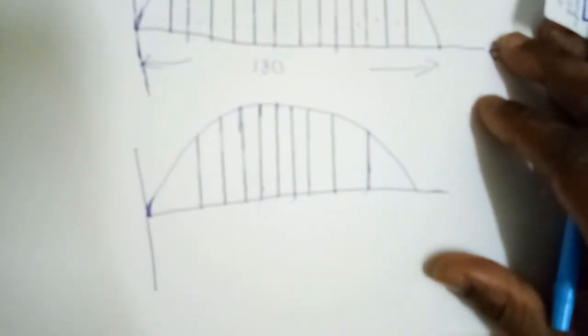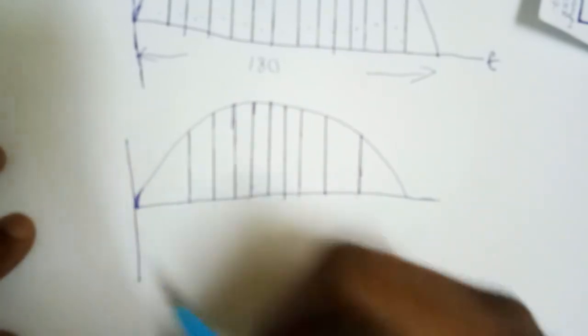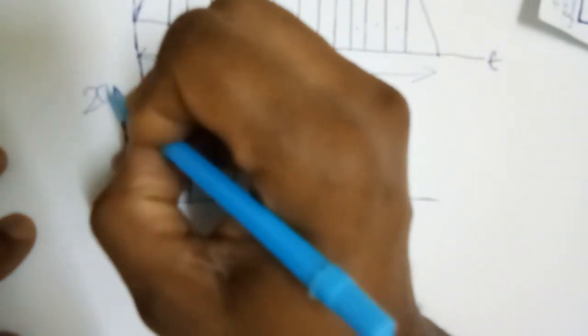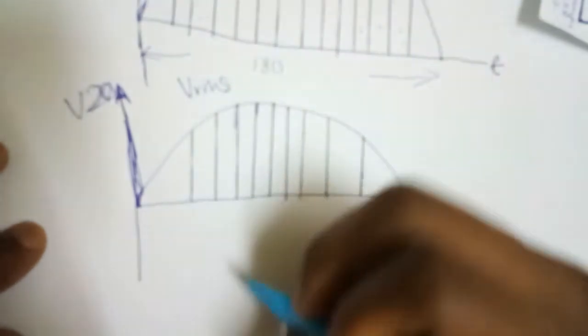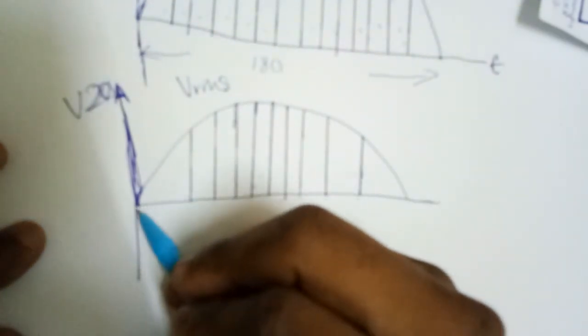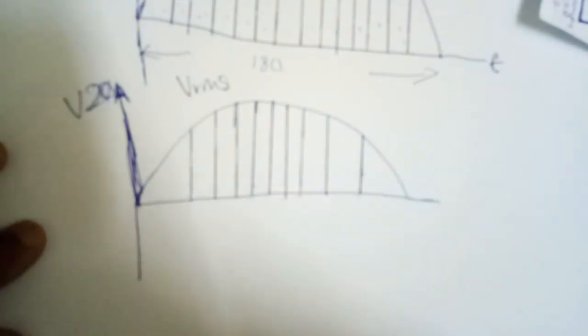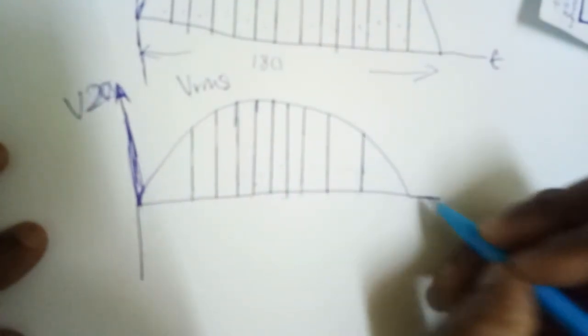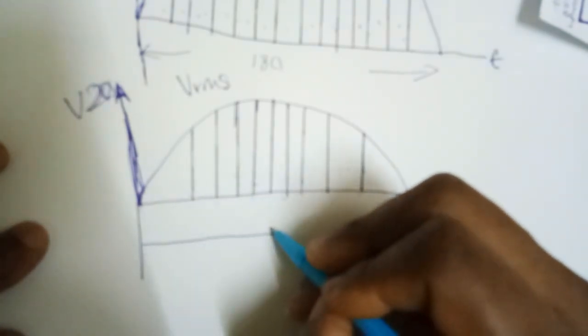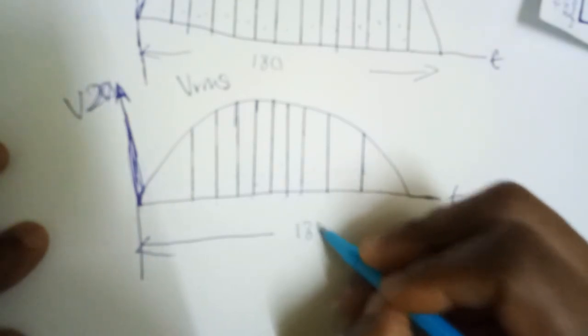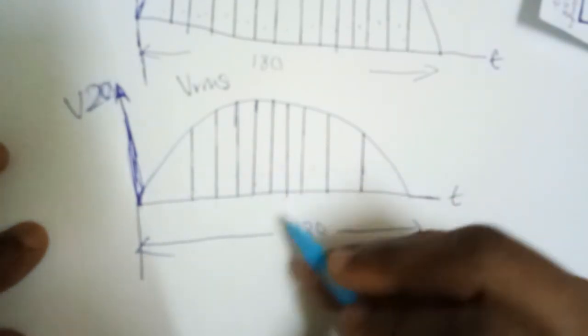Okay, please don't mind my drawing. Assuming you have a peak voltage of 20 volts and you're asked to calculate the V root mean squared, you divide this semicircle into however many equal parts you want. You know that a semicircle is 180 degrees.